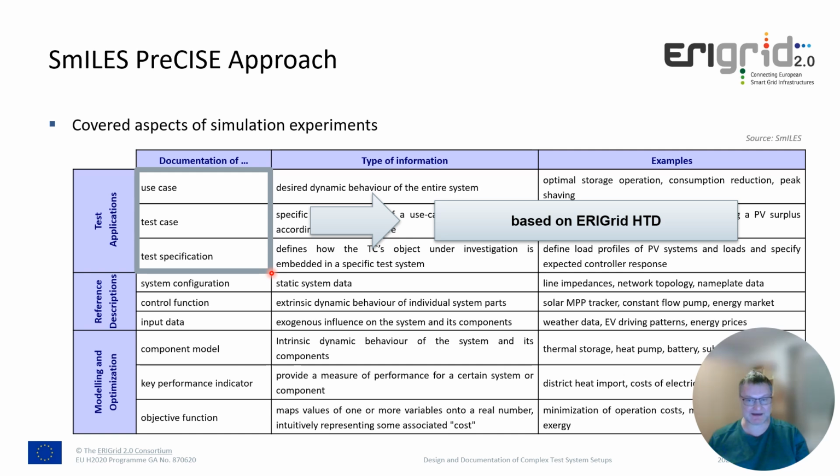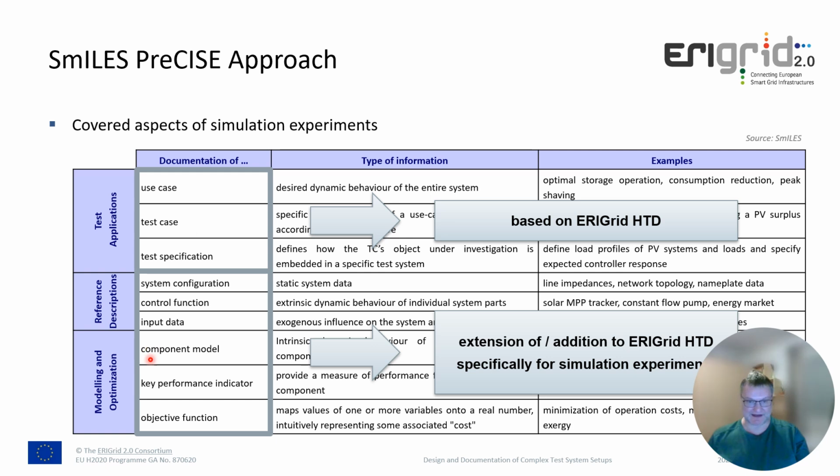As you can see here, this part is based on ERIGrid, the HTD, the test applications, and the HTD was also used for the reference description and the modeling and optimization, but in the PRECISE approach, extensions have been made especially for simulation experiments. So to summarize, the PRECISE approach is a kind of adoption of the HTD approach, mainly for simulation-based experiments.